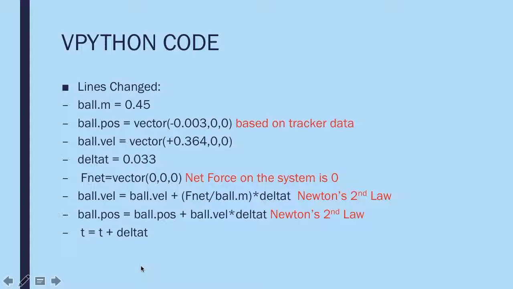I changed the net force on the system to 0 as what was stated in the problem description. For the velocity of the ball, I changed the formula as well as the position of the ball's formula to reflect Newton's second law. And then, of course, time was t plus delta t.